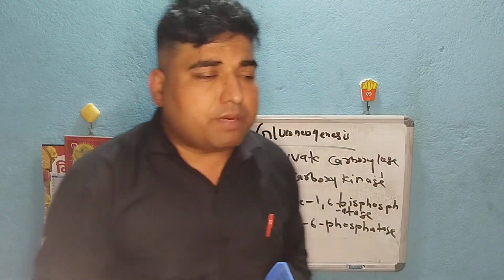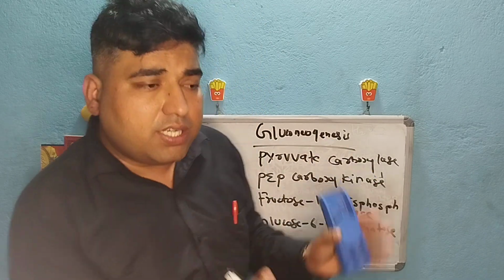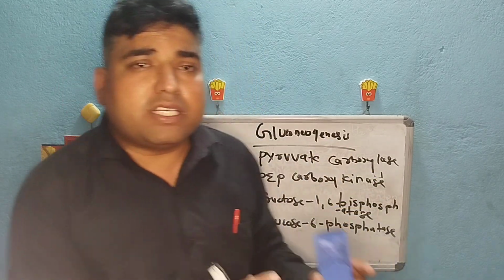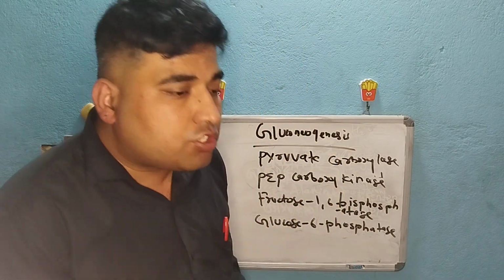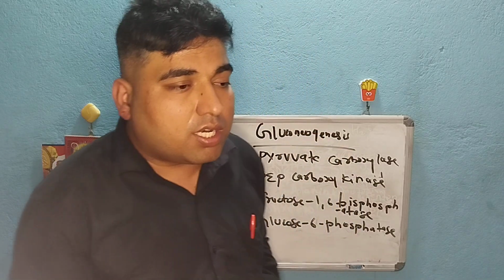That means one or two steps happen in the mitochondria, and the rest happen in the cytosol. We'll discuss how the malate shuttle facilitates the conversion of pyruvate into phosphoenolpyruvate.